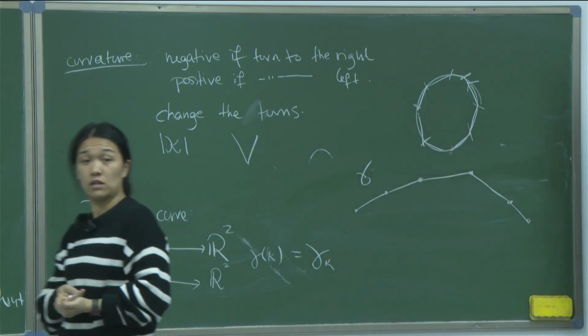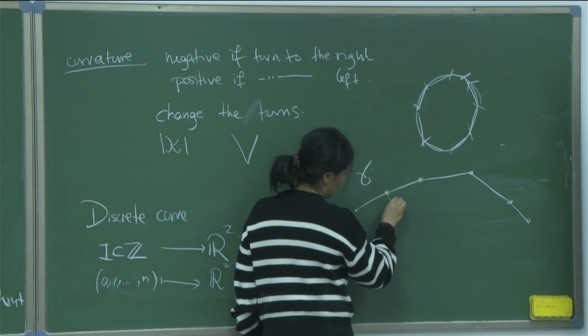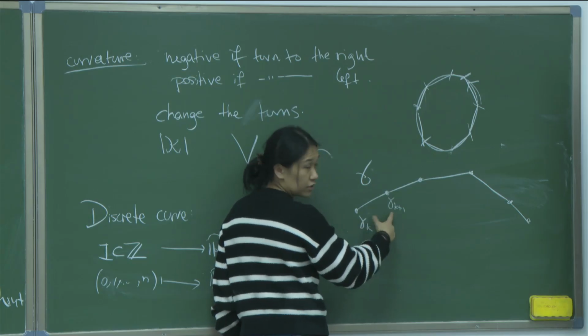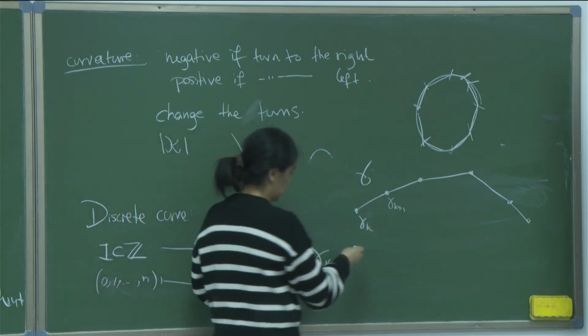So it's very natural to say, this is gamma k plus 1, this is gamma k, so the difference between these two is something like our tangent vector, right?